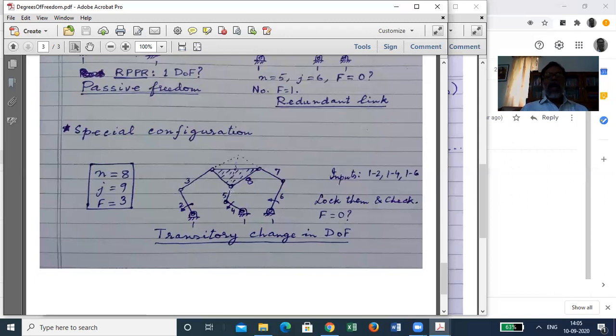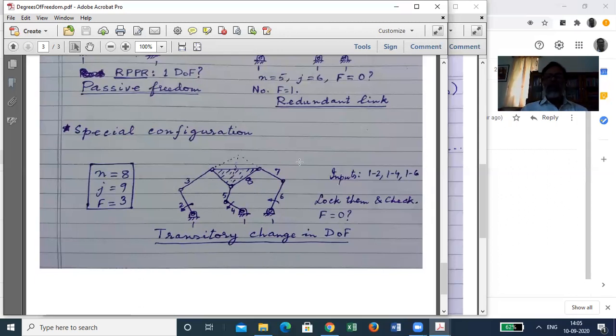So that is one. And there will be 4 remaining links, 3, 5, 7, 8. 4 possibly movable links, not locked with the frame. So 3 into 4, 12. And how many pairs? 1, 2, 3, 4, 5, 6. 6 into 2, 12. So 12 minus 12, 0.